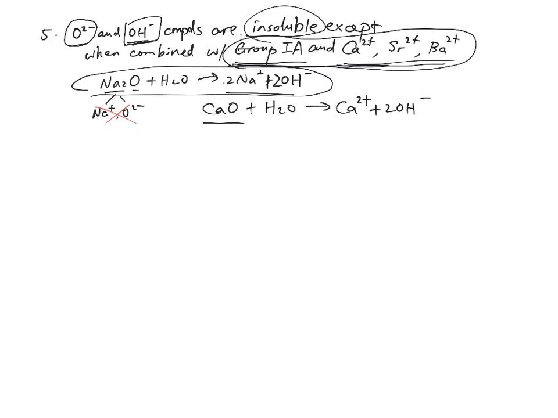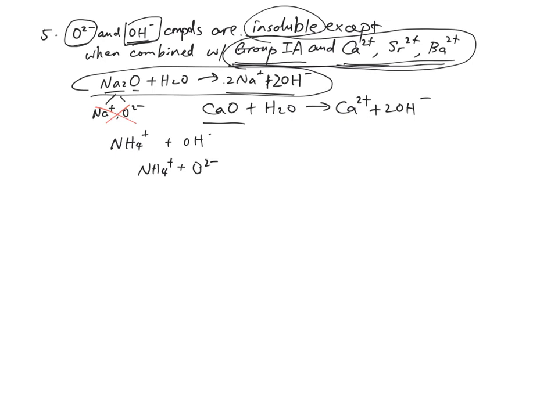And if you compare this to rule number 1, you do notice that in group 1 you said anything with group 1A and also ammonium should be soluble. What about ammonium with hydroxide or ammonium with oxide? Sorry, wrong place.